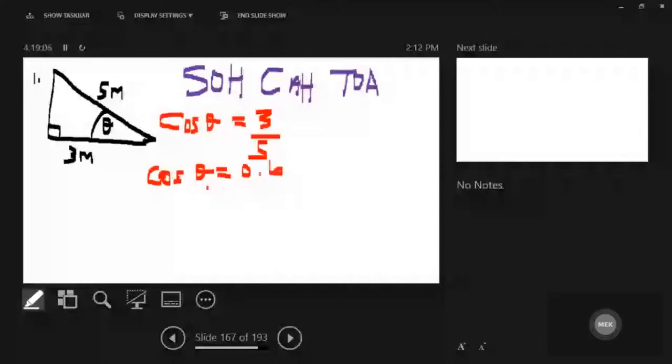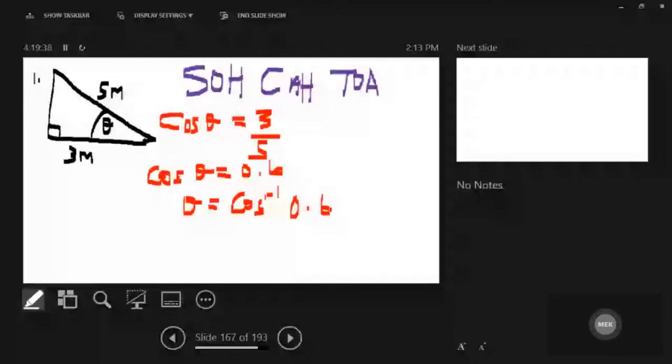So to find theta, you're going to put the inverse cosine. I will write the inverse cosine as cos to the negative 1. So in your calculator, you're going to press whether the shift key, the second function key, the inverse key of cosine, and plug in 0.6.